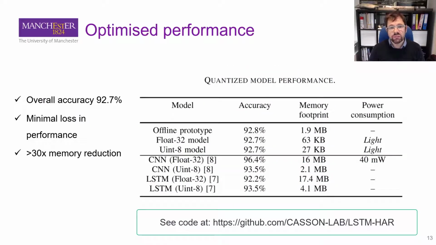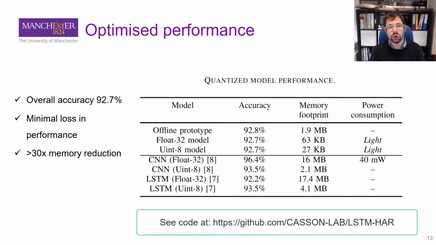And then we looked at the optimization of that, so changing the number representations within the network. What we found was that for a very minimal reduction in performance, we could get very substantial reductions in the memory footprint, down to the kind of tens of kilobytes level.